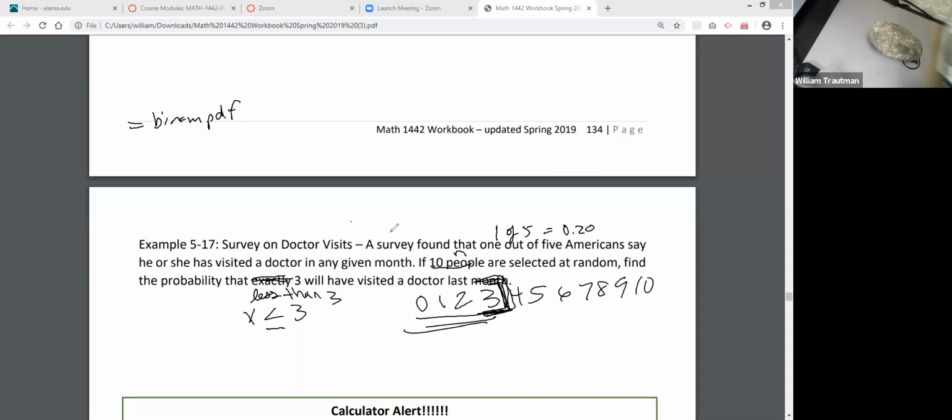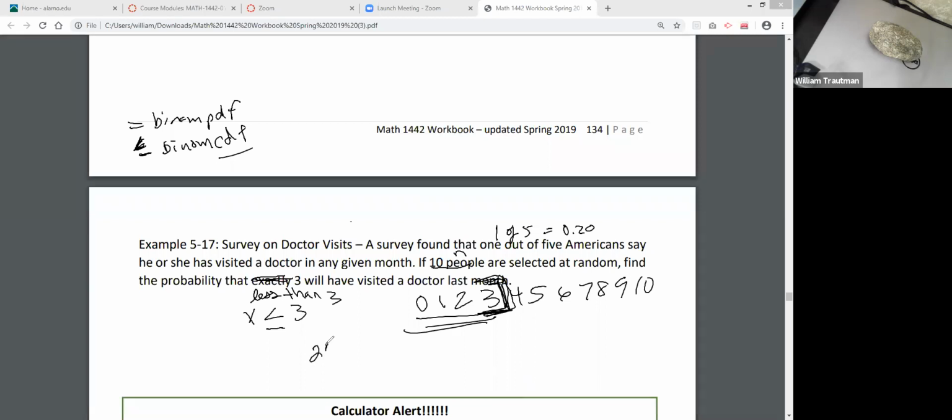If you go to second vars, and go to B, less than or equal to is binomial CDF.